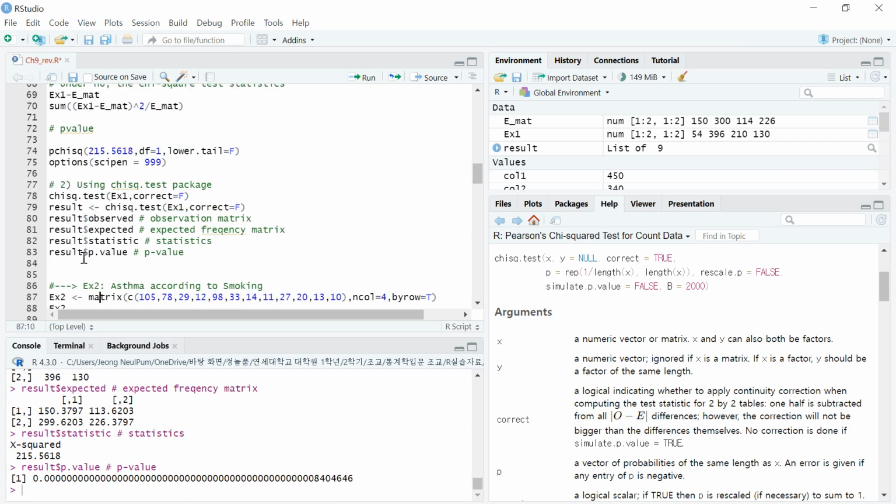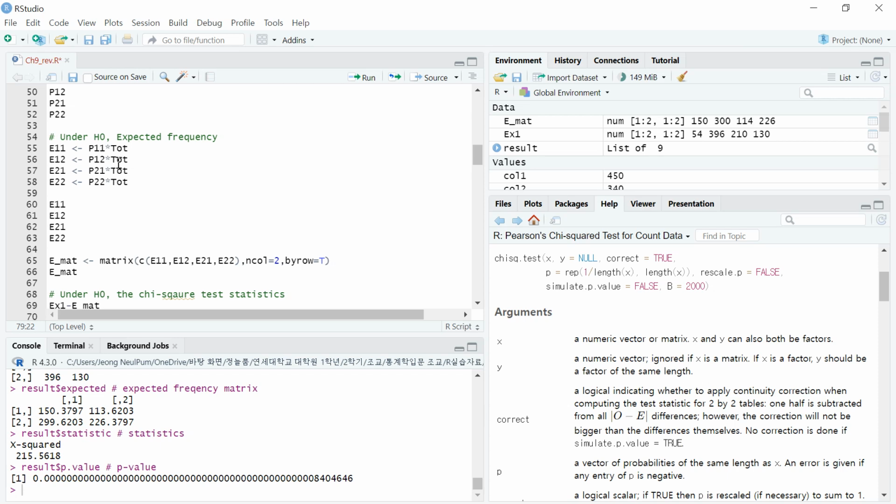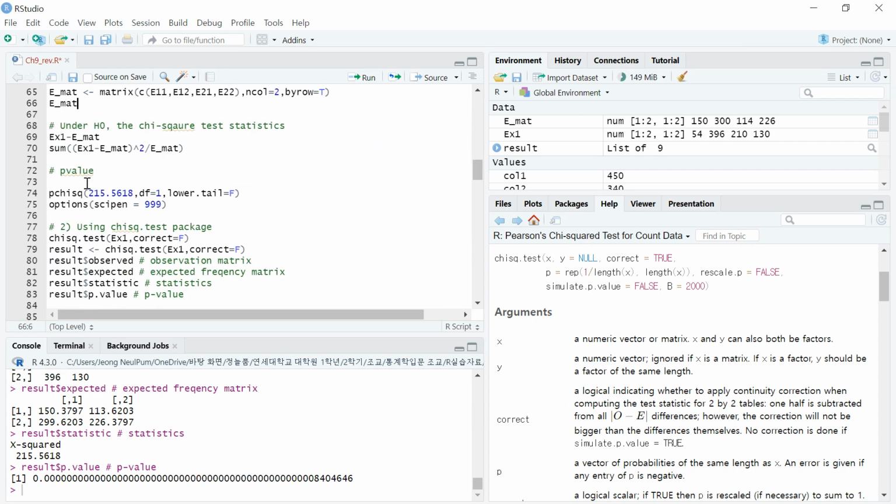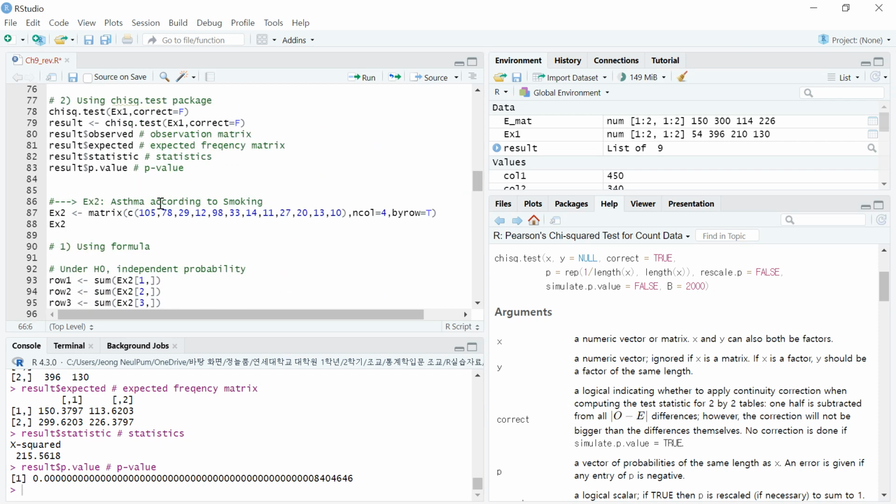So we can say that even if we use the chi-square.test package function, it also gives us the same result as the previous one, where we used our own original formula for the hypothesis testing.